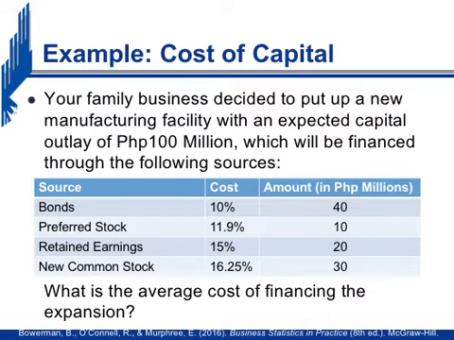So given that you have different sources of funds and different sources of funds have different costs, how do we compute for the average cost of financing the expansion? Since here the weights are different, the sources have different contributions to the average, it's better to use the weighted mean compared to the simple mean.